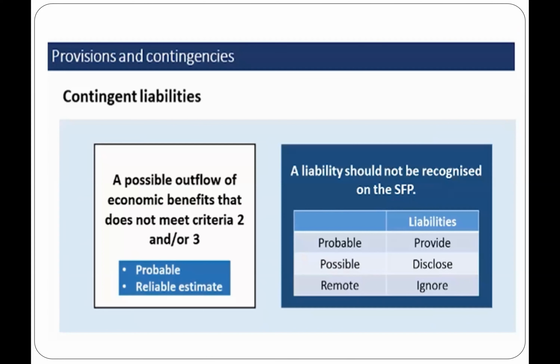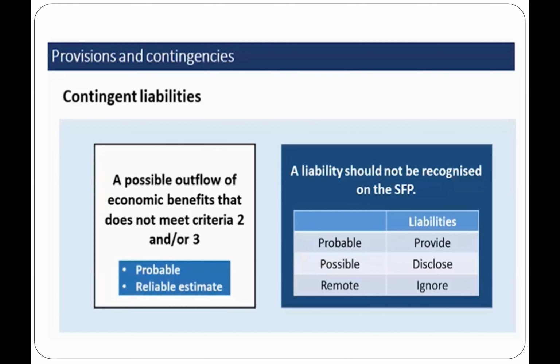Then number 2 and number 3 are the probability and the reliable estimate. So if it does not meet the probability criteria, but it meets the reliable estimate criteria and the liability criteria, it becomes a contingent liability.